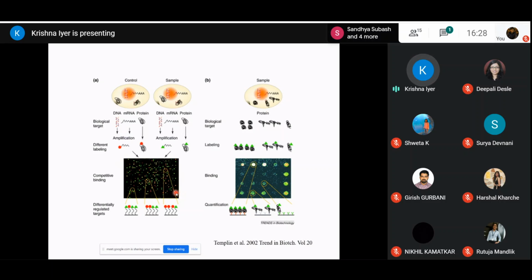But see what I do. The RNA which I got from my control, I label with a tag which gives red fluorescence, let us say. And the mRNA which I've obtained from my sample, I tag with a fluorescent signal which gives green fluorescence, just for argument. Now I mix both the RNAs and allow them to interact with the sequences present on this chip.